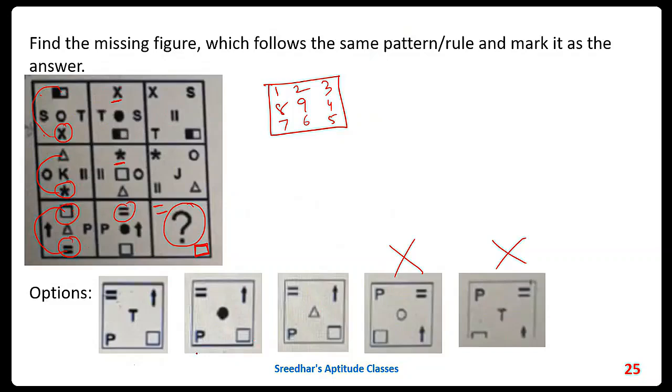In all of them, the center is not repeated. If you see in the center, suddenly there is a new element. In B, the shaded portion got repeated, and the triangle also got repeated, so B is eliminated. Then A is the answer.